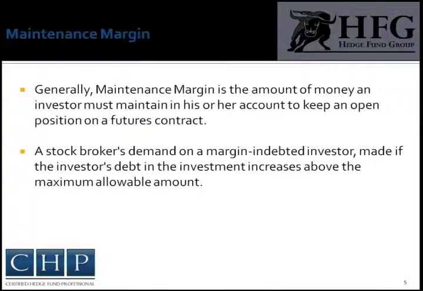Margin buying is buying securities with cash borrowed from a broker, using other securities or cash as collateral. This has the effect of magnifying profits or losses. The securities serve as collateral on the loan.